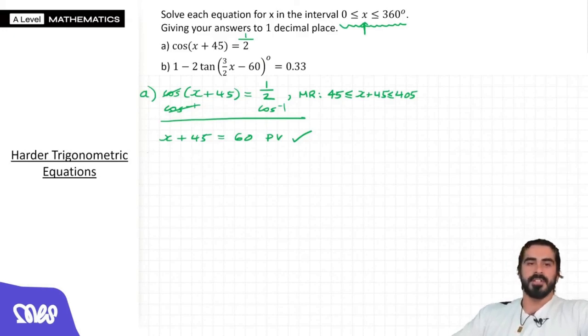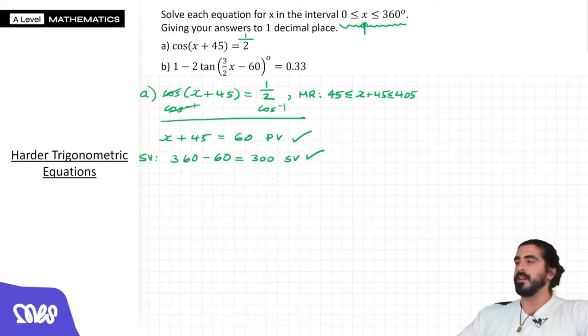We do 360 minus to get the secondary value, and in this case we got 300. Now you can see within the modified range, both of these are actually in the range. It's good we modified the range because that 45 is quite close to 60. If you didn't modify the range, sometimes the primary value is not actually in the modified range. So going forward, the first thing I'm going to do is modify the range.